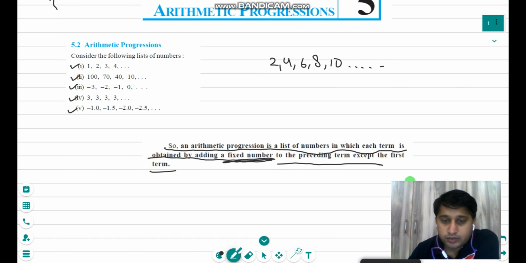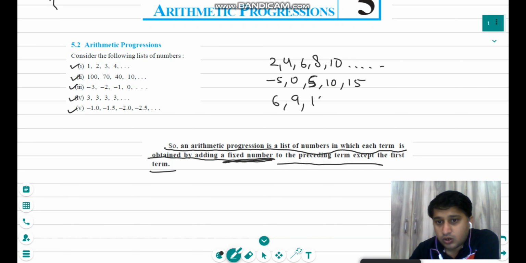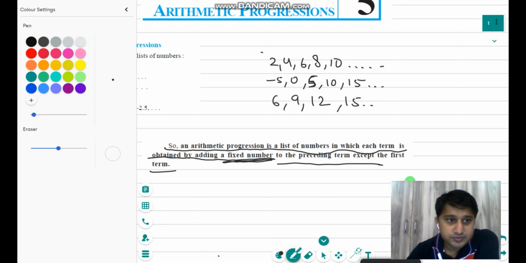It can go on, and then it can be minus 5, 0, plus 5, and then 10 and 15, and similarly it can be 6, 9, 12, 15. So you can see there's one common thing in all these numbers.